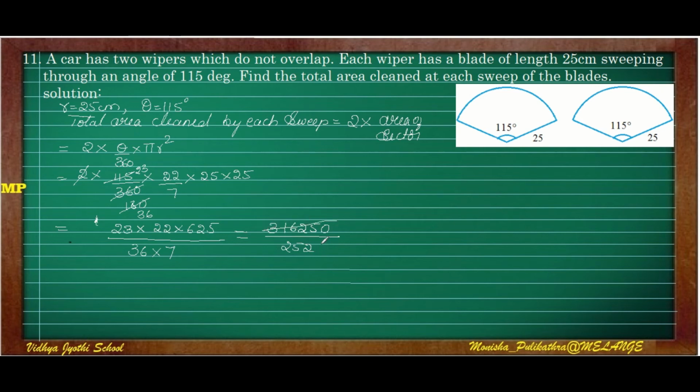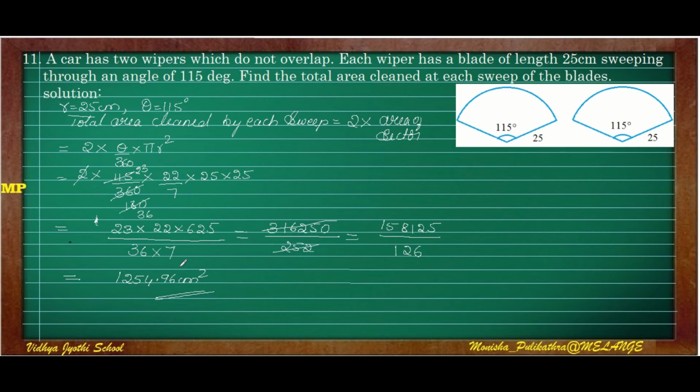Here again we can divide it by 2. So you will get 158125 divided by 126. So the division of this will be 1254.96 centimeters square. So the 2 into area of sector, or the total area cleaned by each sweep, is given as 1254.96 centimeters square.